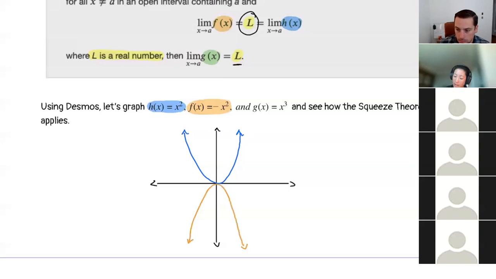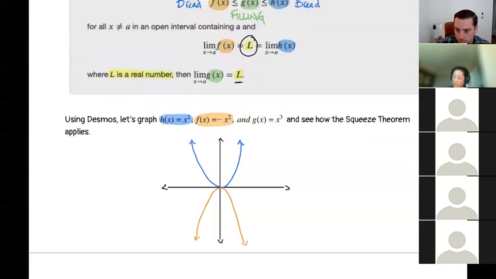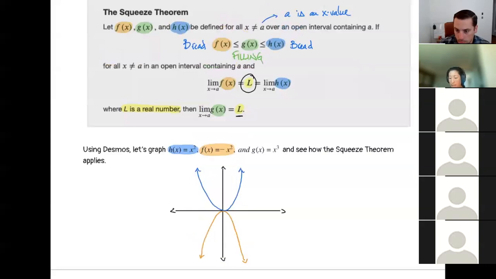Okay, so we've got our h of x, we've got our f of x. Now, before we go any further, is the blue function always greater than or equal to the orange function? Let's make sure that's true.